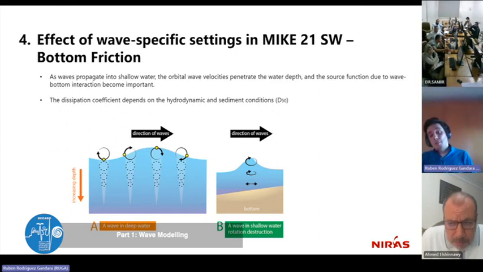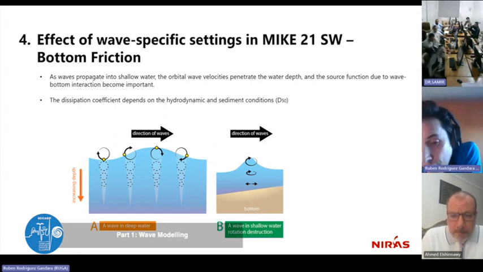But if you don't have any information about the D50, the default value should work. If you're trying to tune or calibrate your model, the friction parameter is one you should play with in the beginning, because friction in shallow or intermediate water has a non-negligible effect.